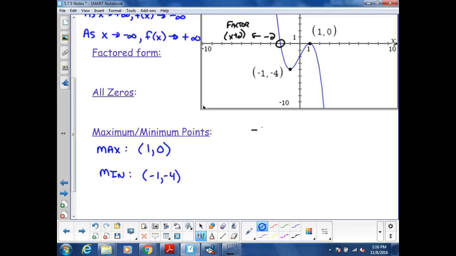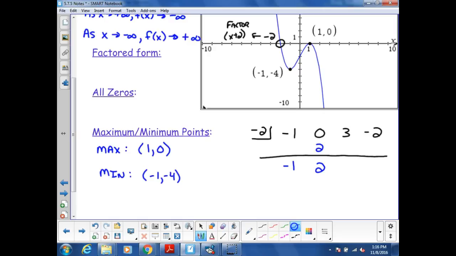So let's use -2 as a 0 and go -1, 0, +3, and -2 there. So drop the -1, multiply. That gets me +2. Add gets me 2. Multiply gets me -4. Add gets me -1. Multiply gets me +2. Gets me to 0.